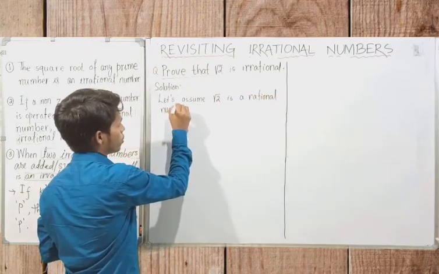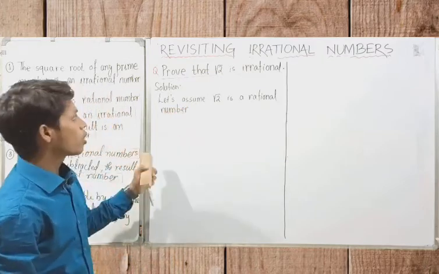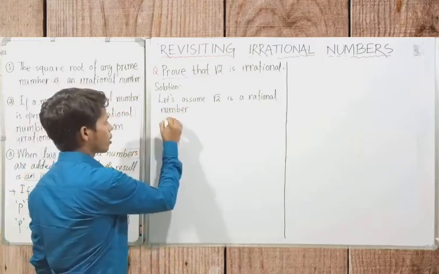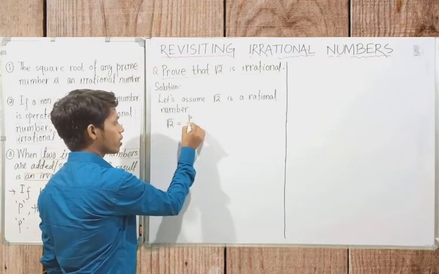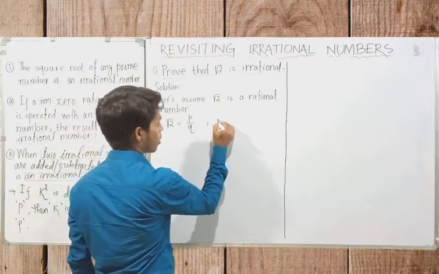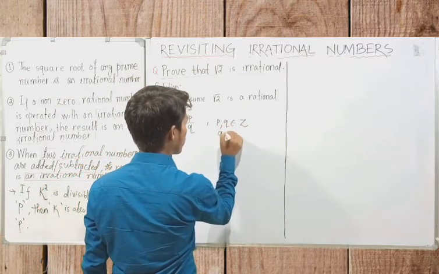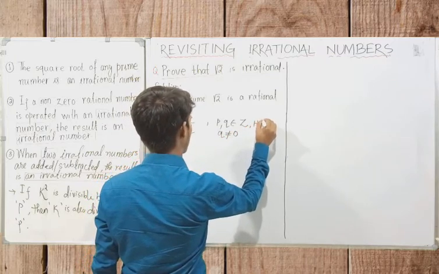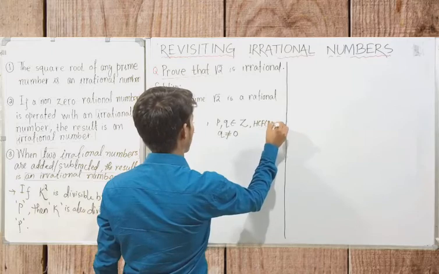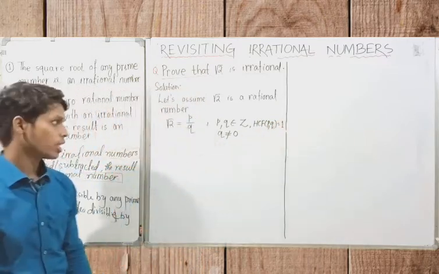We assume that root 2 is a rational number. So root 2 can be written as p upon q, where p, q are integers and q not equal to 0. Also HCF of p, q is 1, means p by q is the standard form. There are no other common factors of p and q.